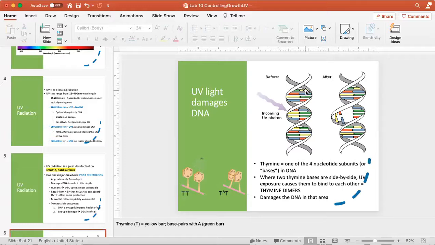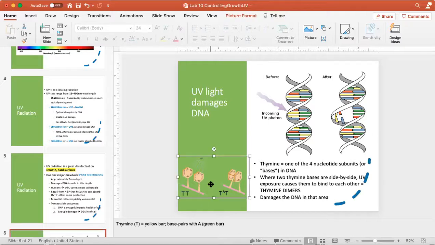And very specifically, any place along the length of the DNA molecule where there are 2 thymines side by side, what the ultraviolet is going to do is cause those 2 thymines to bind to each other. That creates what we call a thymine dimer.